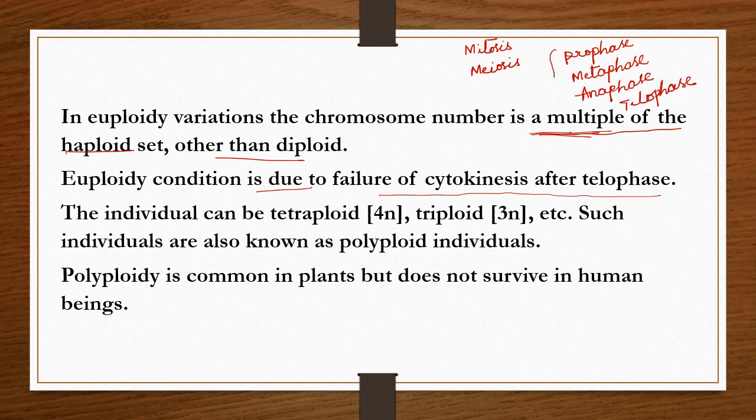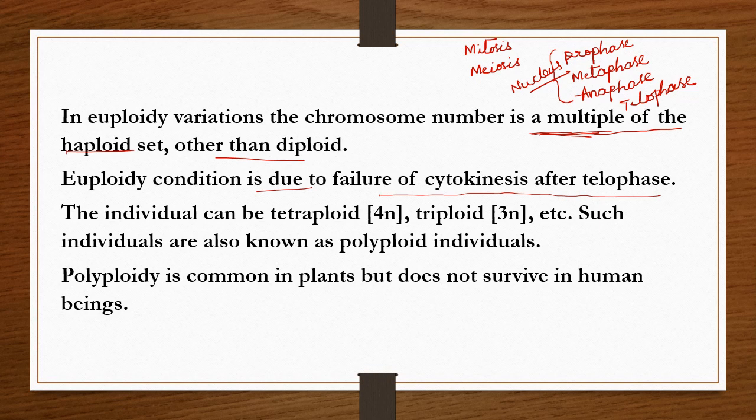All these four phases occur in the nucleus. That's why this is called karyokinesis.